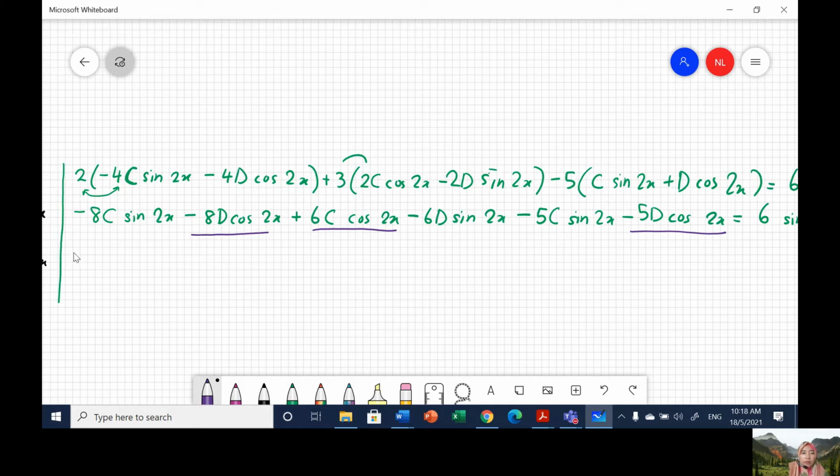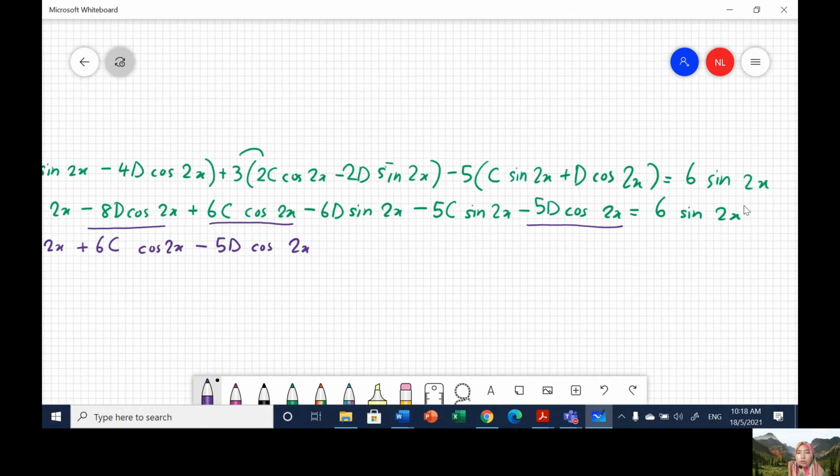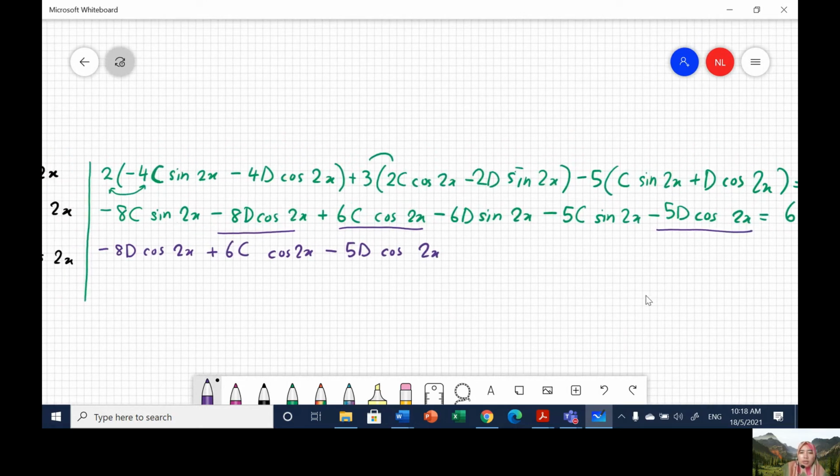So basically you can write down here negative 8d cos 2x plus 6c cos 2x minus 5d cos 2x. On the right-hand side actually we don't have cos 2x, so it means that it is equal to 0.